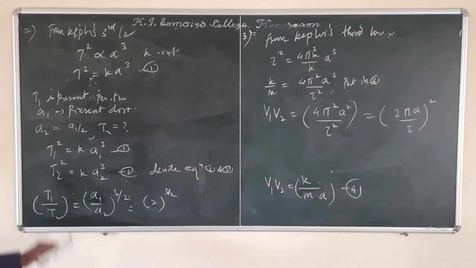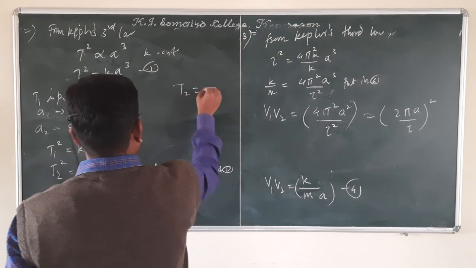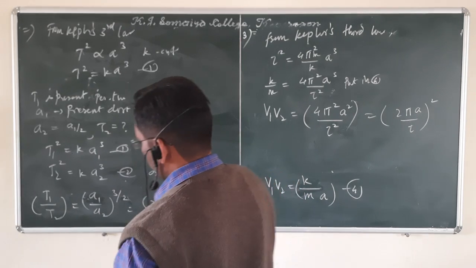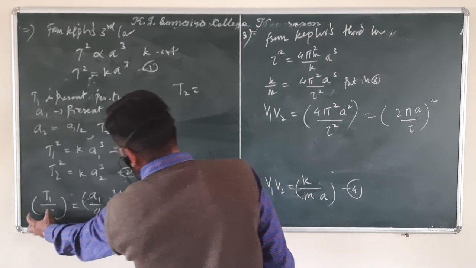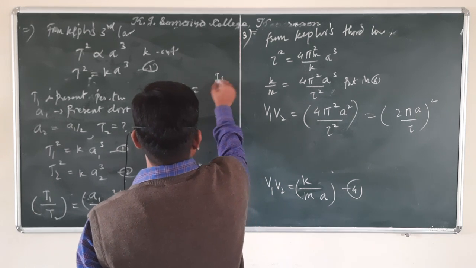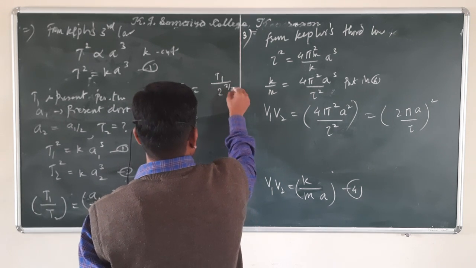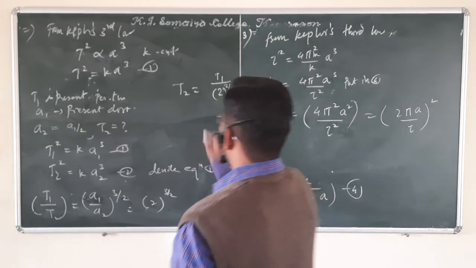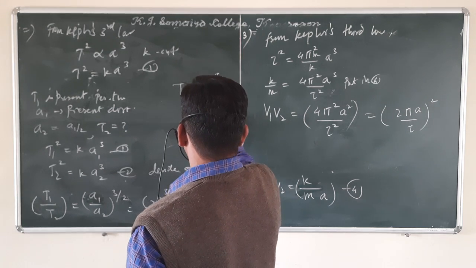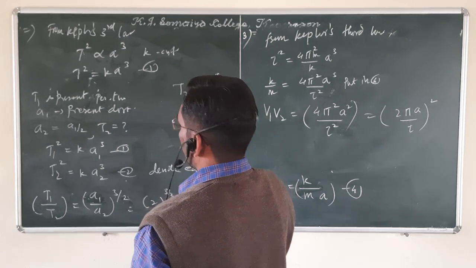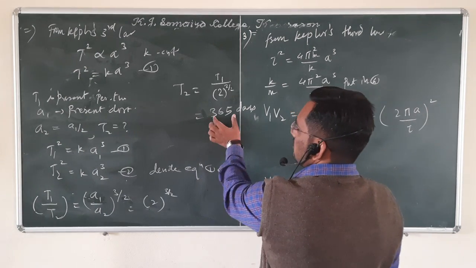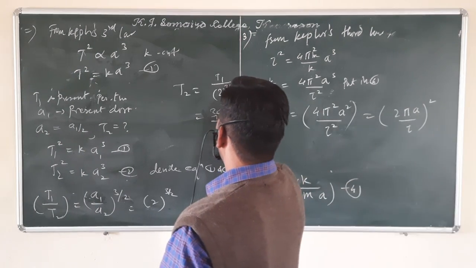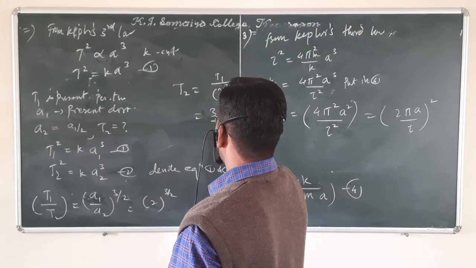So T2 is equal to, this term goes to the denominator, T1 divided by 2 raised to 3 by 2. Okay, so T1 is 365 days. Present means the current duration of a year is 365 days, divided by 2 raised to 3 by 2.